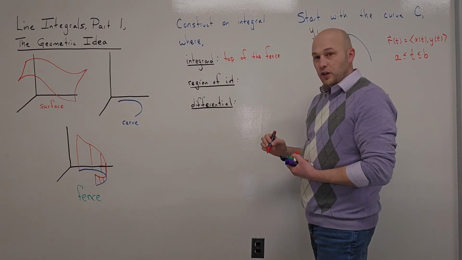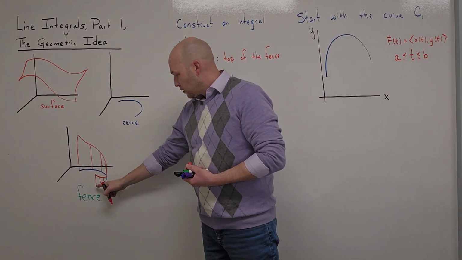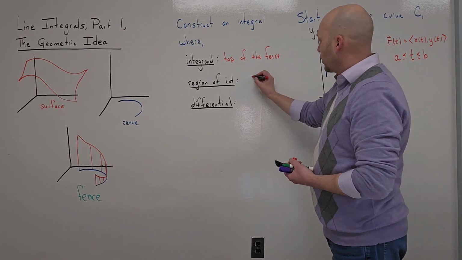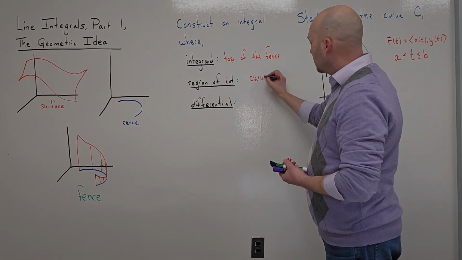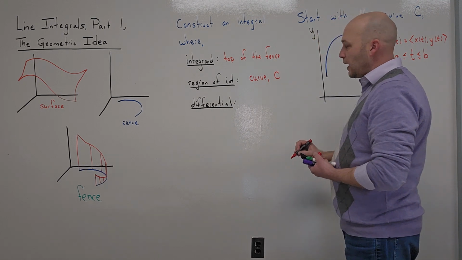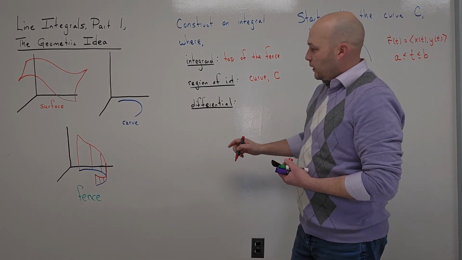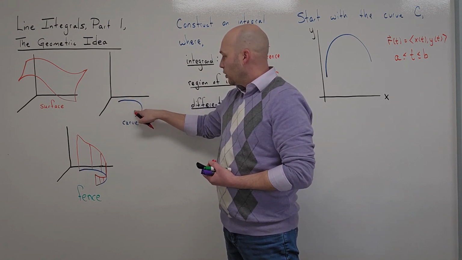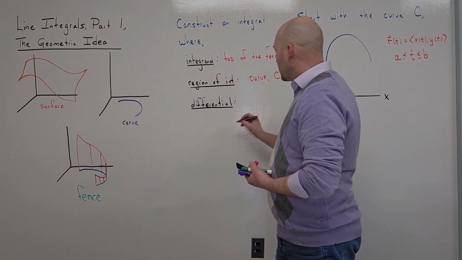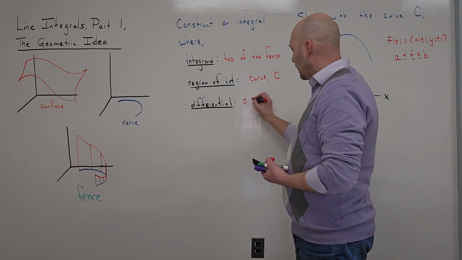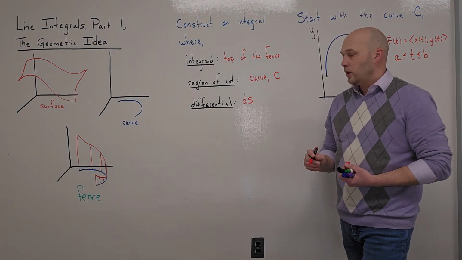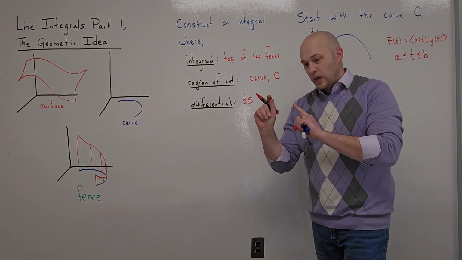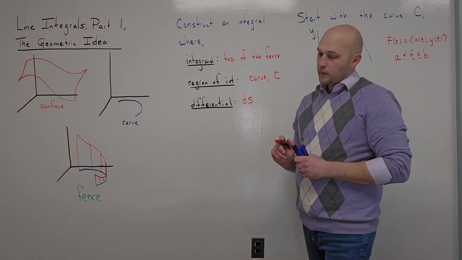The region of integration is going to be this blue curve here, the curve C. And the differential is going to be an infinitely short line segment along the curve C. So this is actually going to be a very small arc length. Not a straight line segment, but a very small arc length.